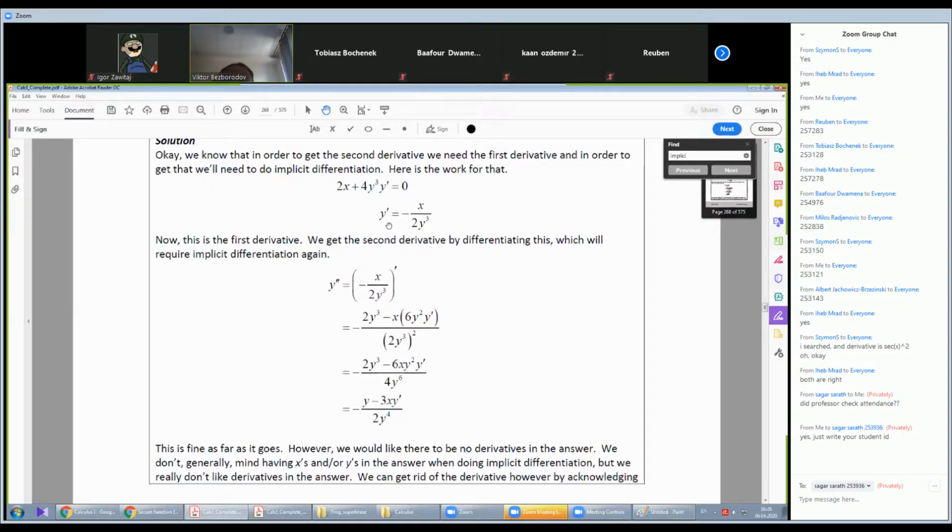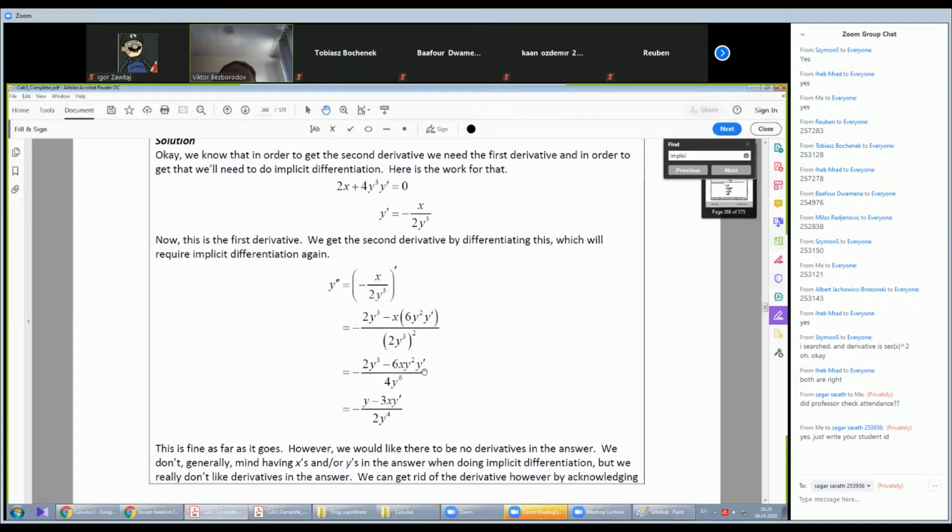Note that when you differentiate, you also get y prime, because y appears here. So when you apply the chain rule, y prime inevitably appears somewhere. But then you just deal with it by plugging in, instead of y prime, the expression you have found earlier.